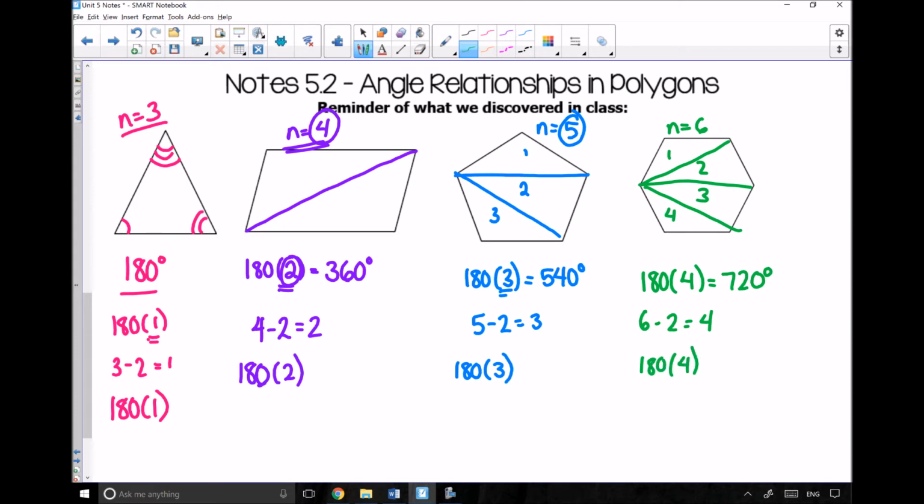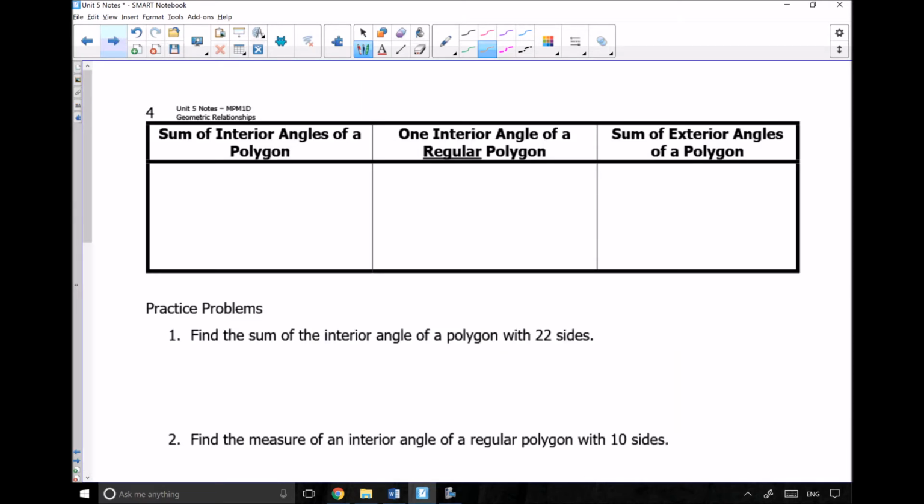Okay? So essentially, all we're doing is we're taking our n right here, we're subtracting 2 from it to figure out how many triangles there were, and then we just multiply it by 180 because each triangle has 180 degrees in it. So this right here is my expression that I would use for the sum of any interior angles in any polygon. Okay, so let's go ahead and write that in here.